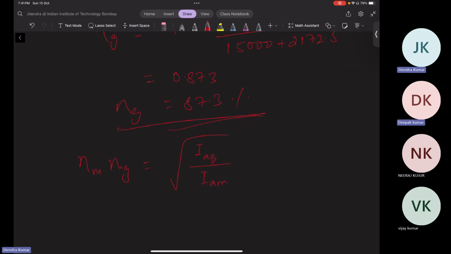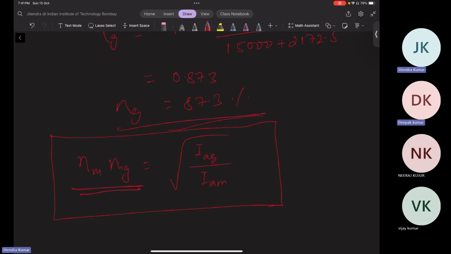Armature current of generator is lower, but if you multiply two parameters, the trick to remember is it will be a lower value, right? So lower I will write in numerator. So generator current I will write in the numerator and motor armature current in denominator. So this is the very famous expression that you can see in any textbook, with the derivation with certain assumptions.